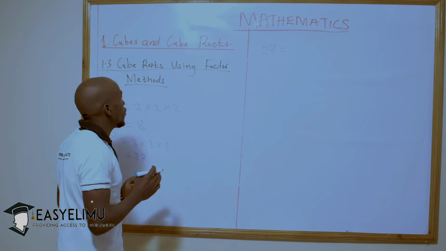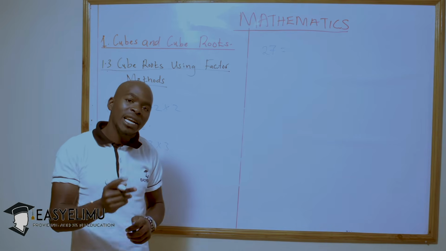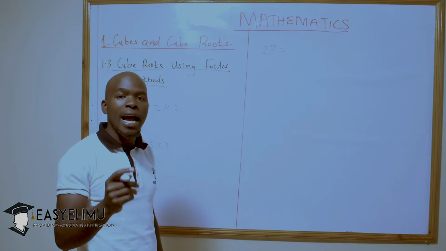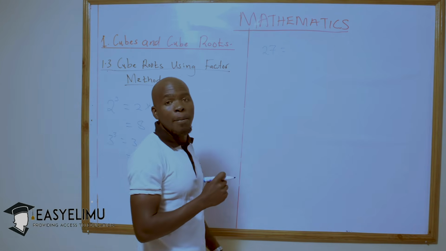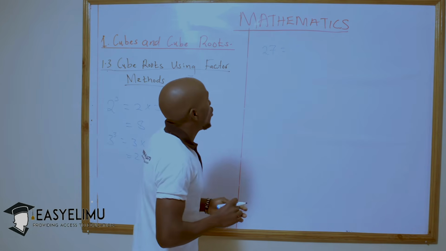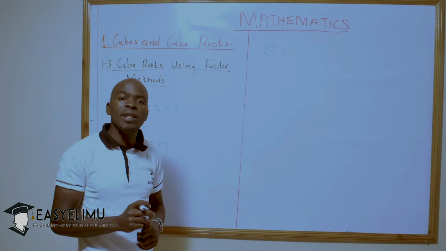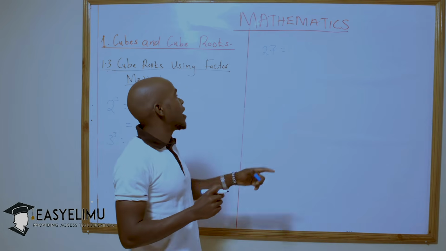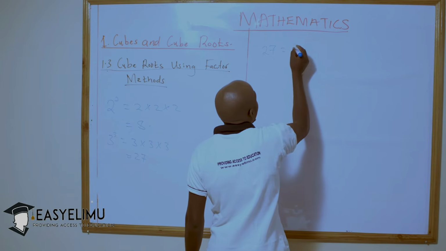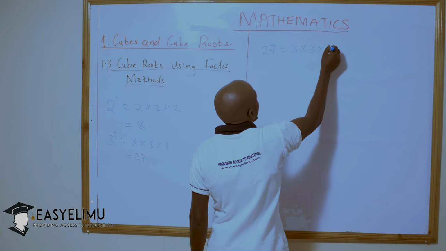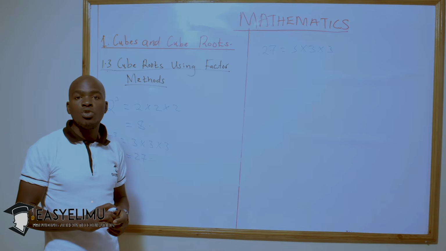Now, the cube root of a number is a number multiplied by itself 3 times in order to obtain a given number. For our case here, the given number is 27. So we need to find a number which, if you multiply it 3 times, you will get 27. And for this case, that number is 3. If you multiply it by itself 3 times, it gives you 27.